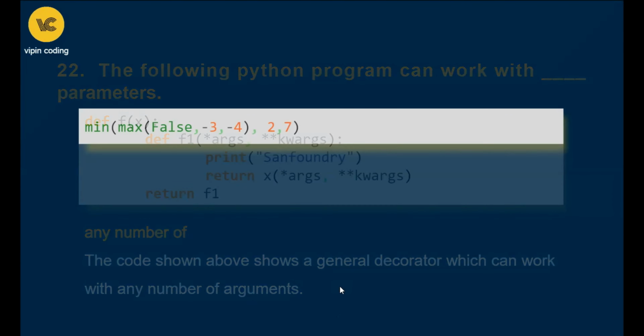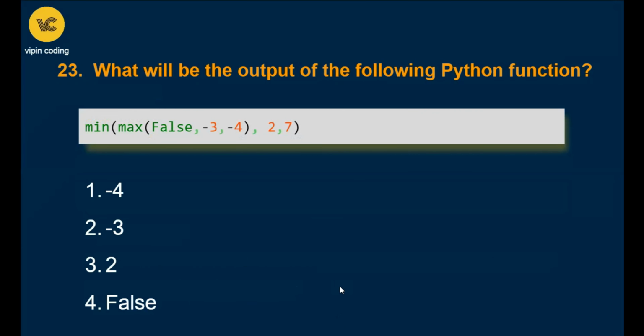Okay. Next question is, what will be the output of the following Python function? min, max(False, -3, -4, 2, 7). First one is -4, second is -3, third is 2 and fourth is False.